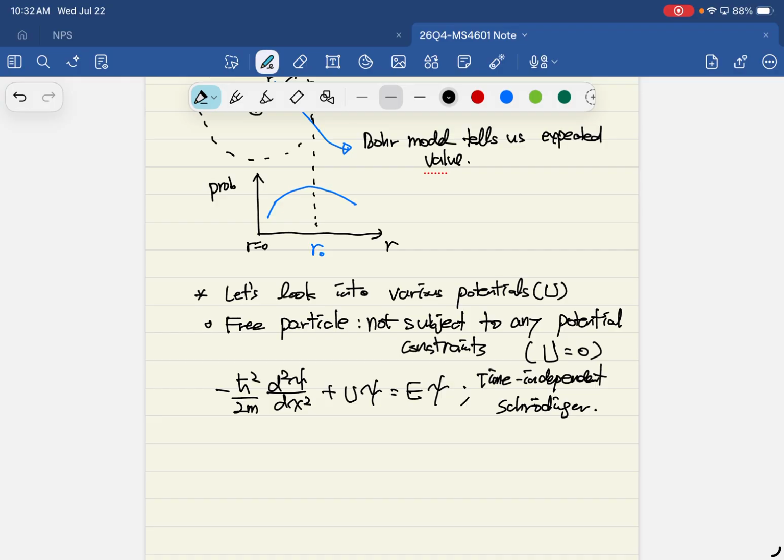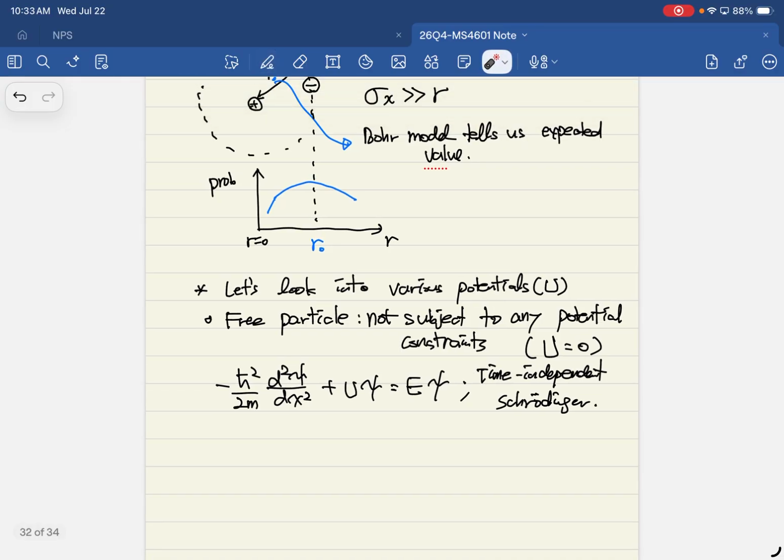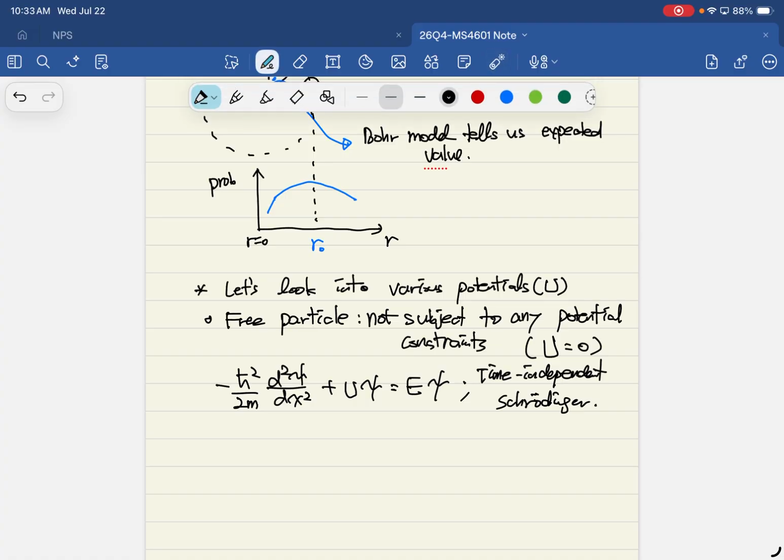We are going to work on just the time independent Schrödinger equation because for the time dependent one, we simply multiply by the solution of the time dependent part. The time independent equation has only space dependency. And here we are applying U equals 0, so this term goes to 0.